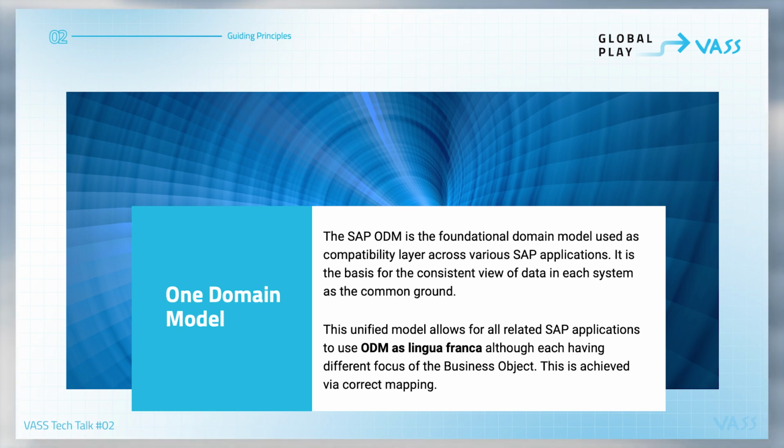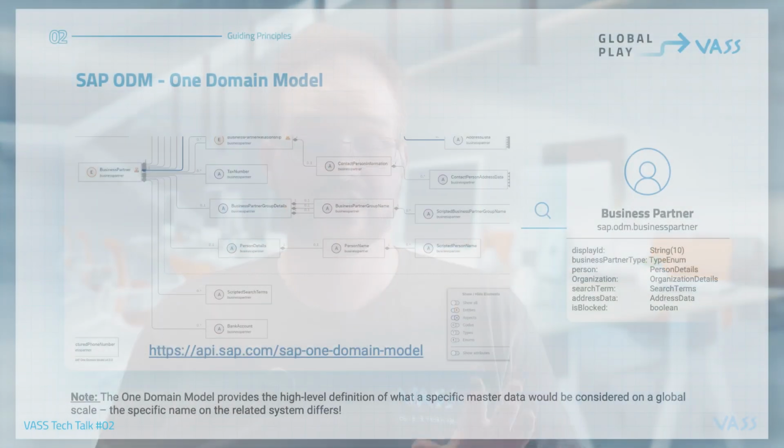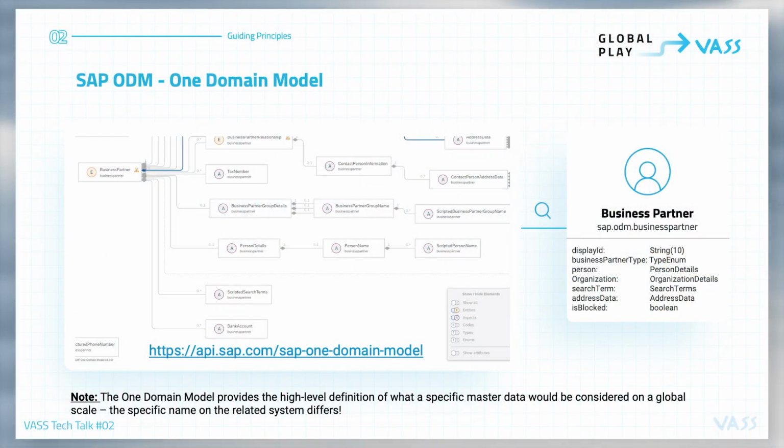It is very, very powerful and serves as a so-called lingua franca, as a domain model that is understandable by every system that is being integrated within the SAP environment. Here, you can see an example of how the master data one domain model would look like. And this shows the example of the business partner. You can check it out in the SAP Business Hub link that we have put also here in this slide.